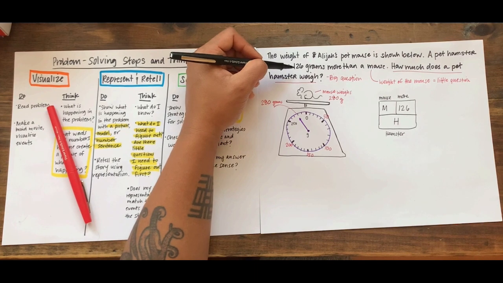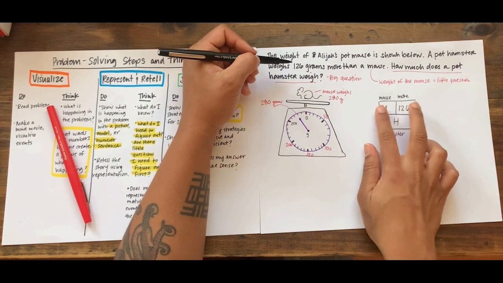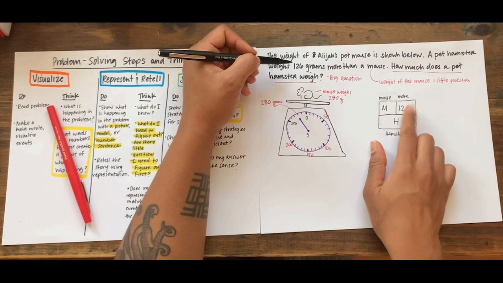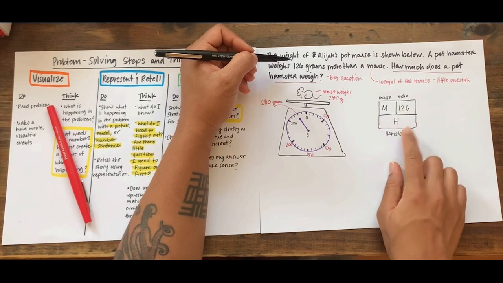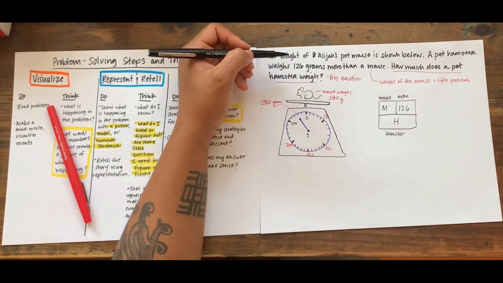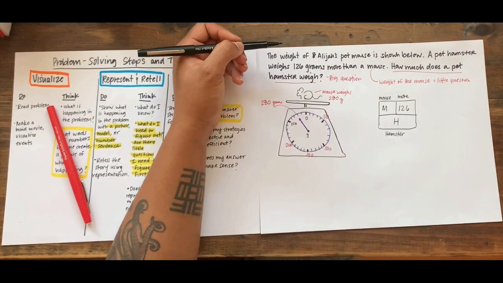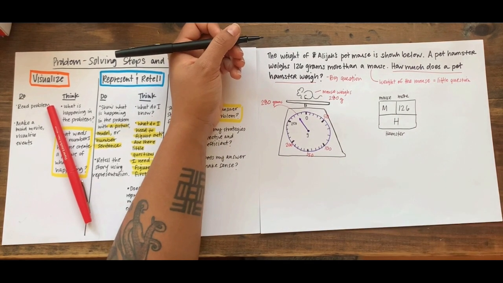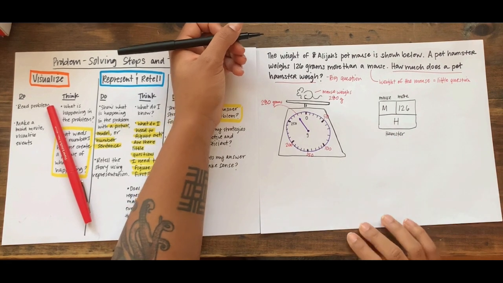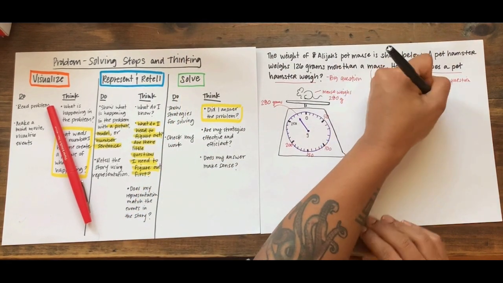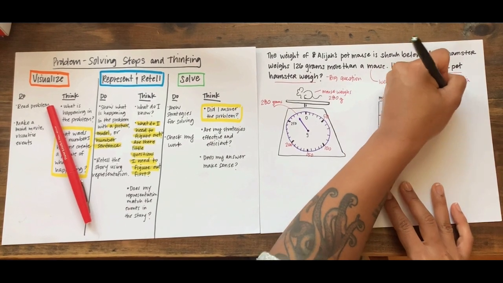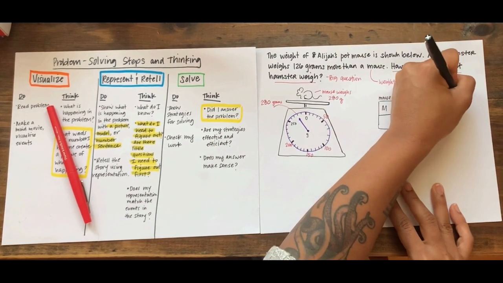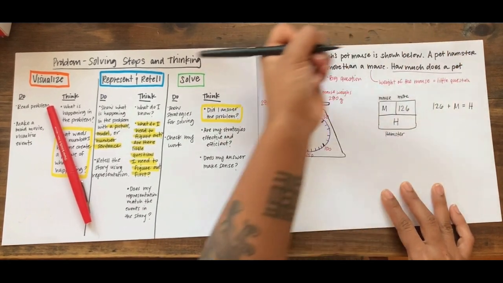We have to add or put together the mouse's weight with the amount more in order to give us the weight of the hamster, because we know the hamster has to weigh more. Nice work. How could we show this representation in an equation? That's right. We could write 126 plus M equals H.